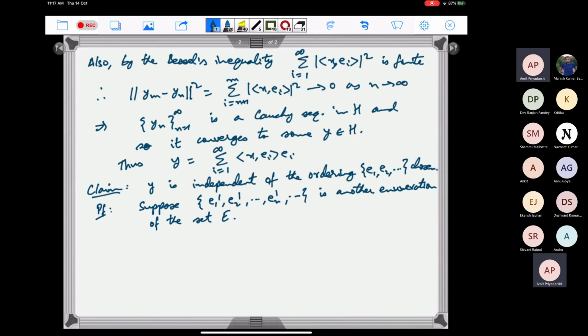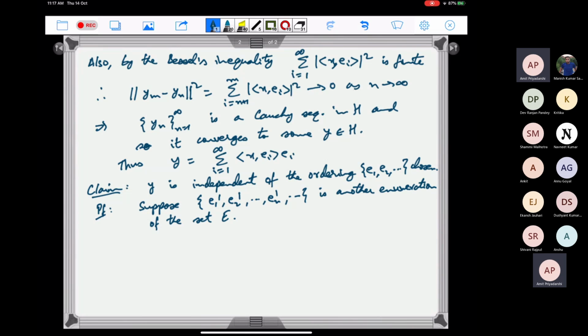What we know only is that the summation of mod of x dot ei square is convergent. So this can be convergent, but the summation of mod x dot ei may be divergent. For example, this may be equal to 1 by i, and then this series converges, but the summation of 1 by i diverges. So therefore, this series need not be absolutely convergent.